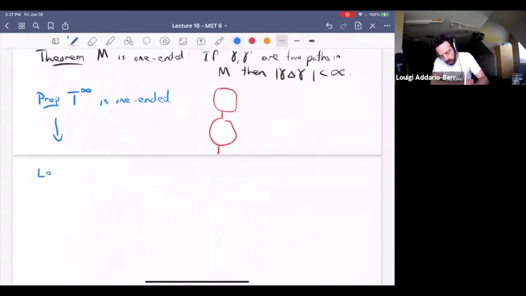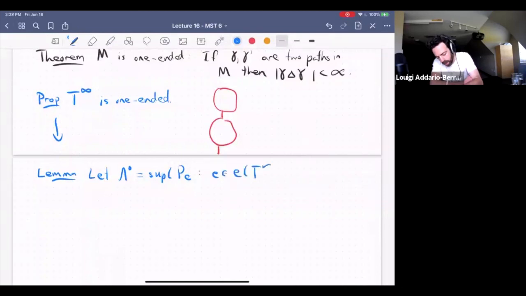To develop that picture, I need a lemma. If I write lambda naught for the largest edge weight ever added by Prim's algorithm, starting from the root, an empty set, so that's the largest edge weight of T infinity, then this lambda naught has density theta prime of x, where theta is, as before, the Poisson survival probability.